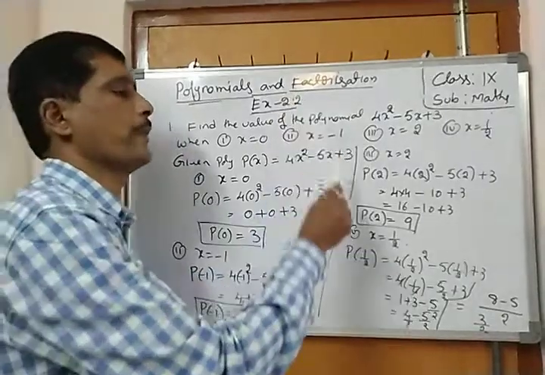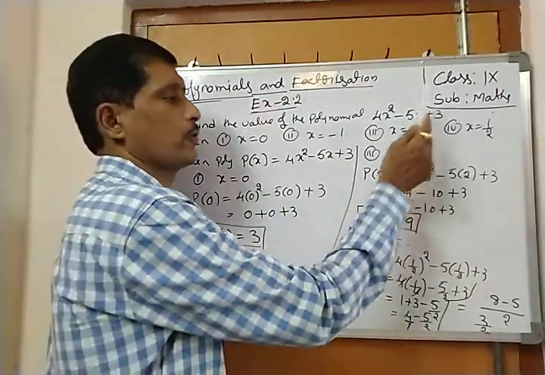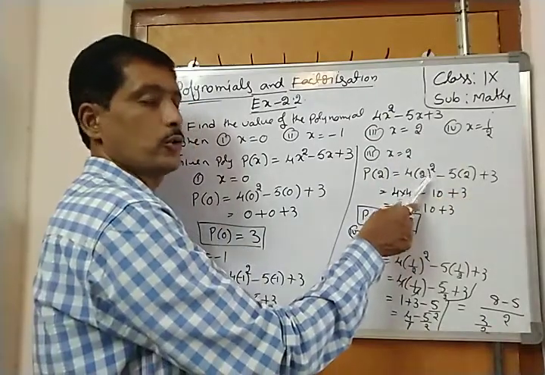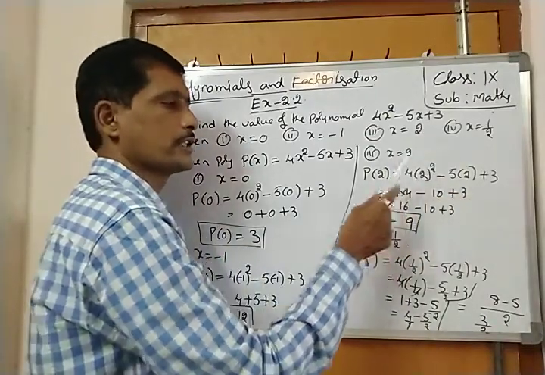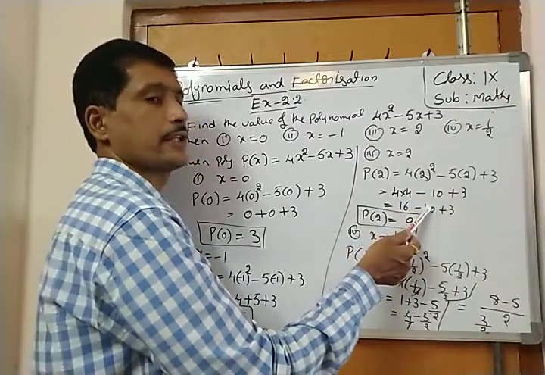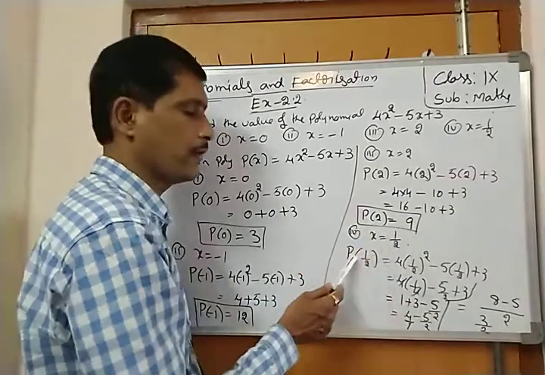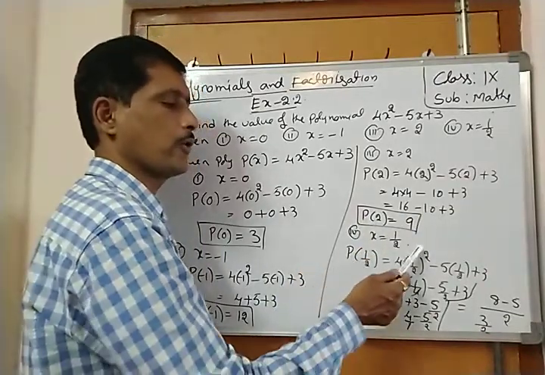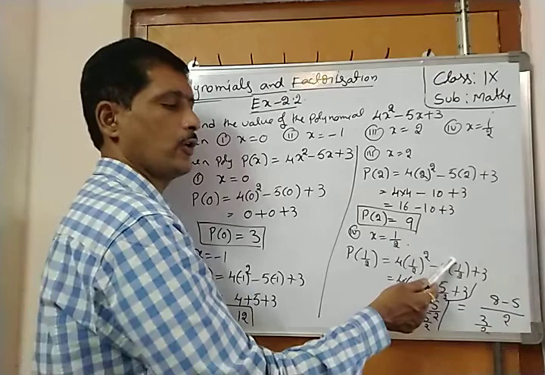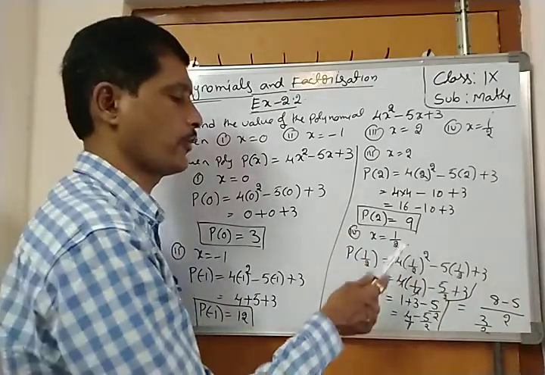X equals 2. P of 2 equals 4 into 2 whole square minus 5 into 2 plus 3. 2 square is 2 into 2, 4 fours are 16. 5 twos are 10, plus 3. 16 minus 10 is 6. 6 plus 3 is 9. X equals 1 by 2. P of 1 by 2 equals 4 into 1 by 2 whole square minus 5 into 1 by 2 plus 3. 1 by 2 whole square is 1 by 2 into 1 by 2, that is 1 by 4.